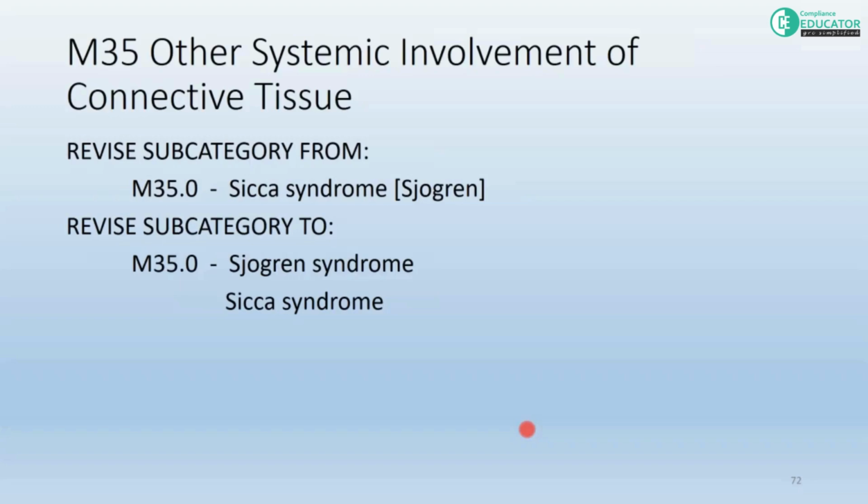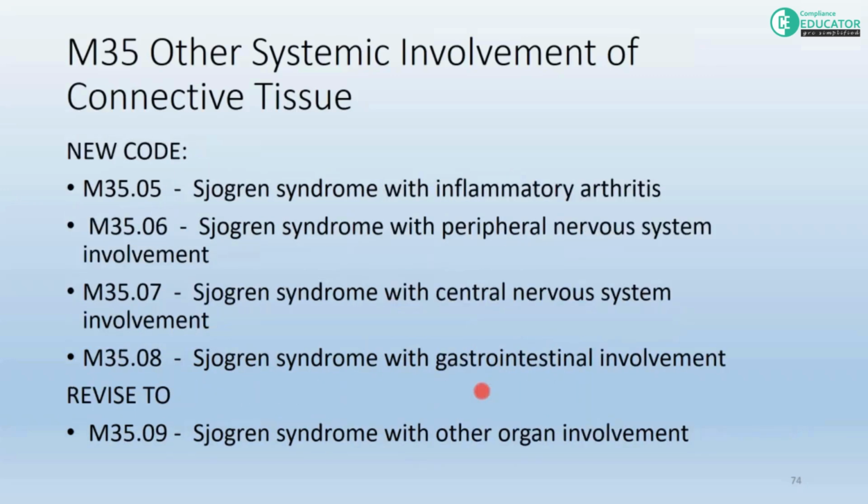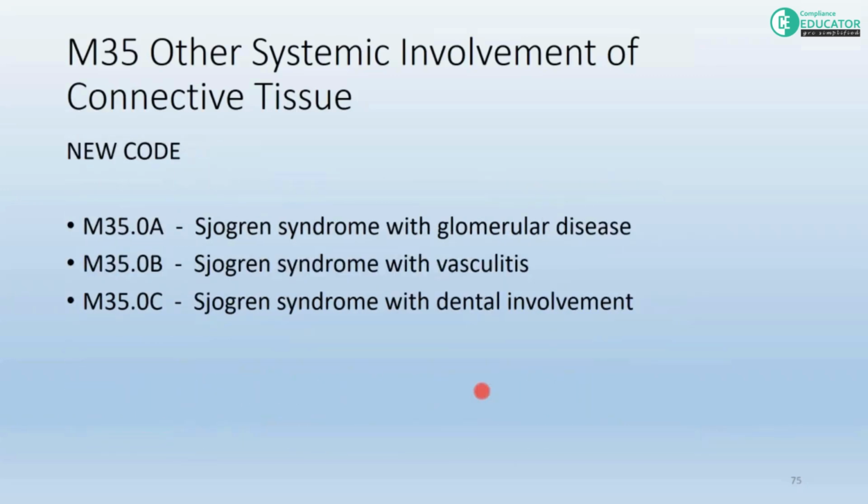So what they've done for these whole sections is they've taken this language that sometimes just says Sicca syndrome, changed it to Sjogren so that all of these codes have that same change. So it was really just more of a technical change than anything else. But as you can see, there are a significant number of codes we're talking about.